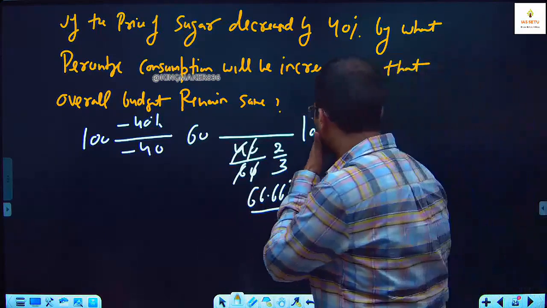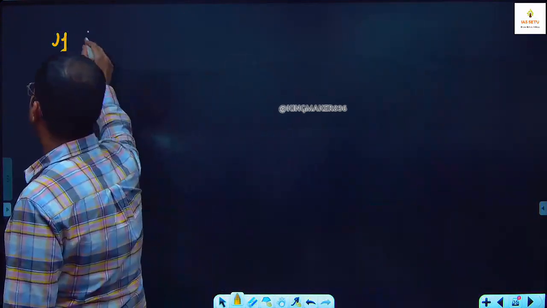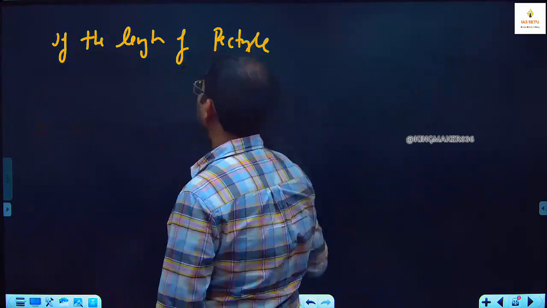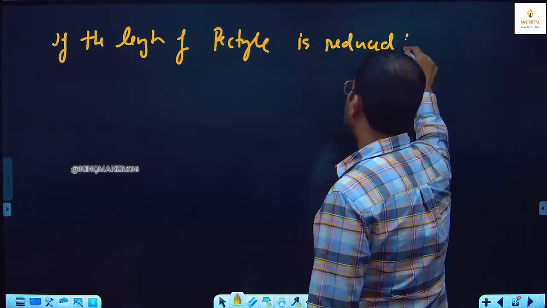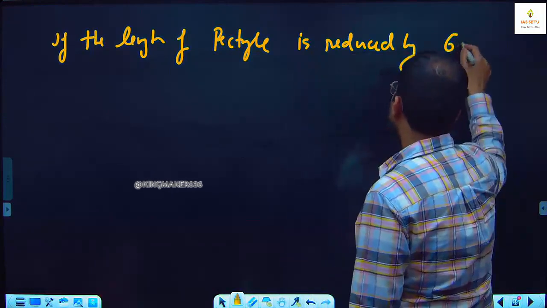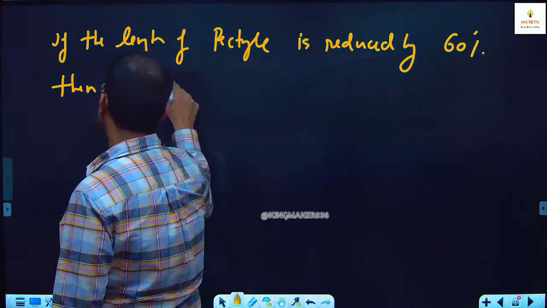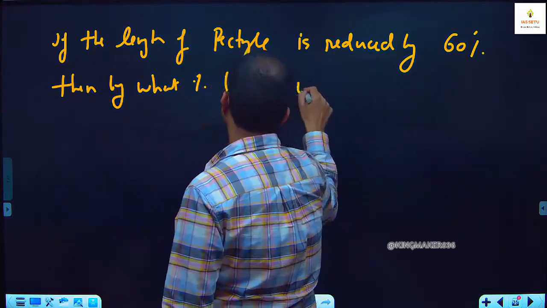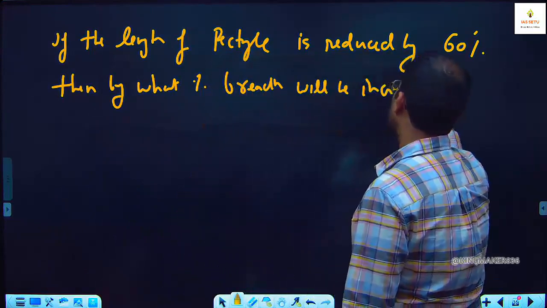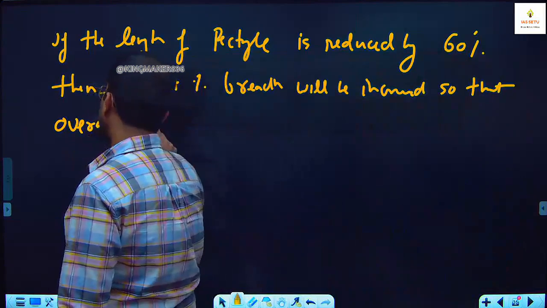Try one more question. If the length of a rectangle is reduced by 60%, then by what percentage will breadth be increased so that overall area remains the same?